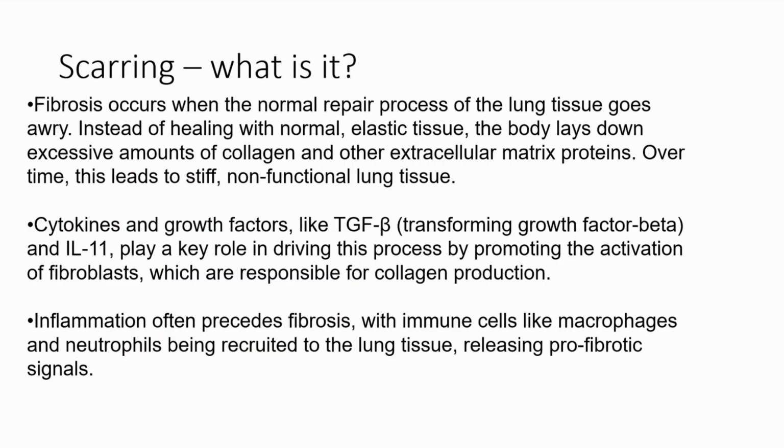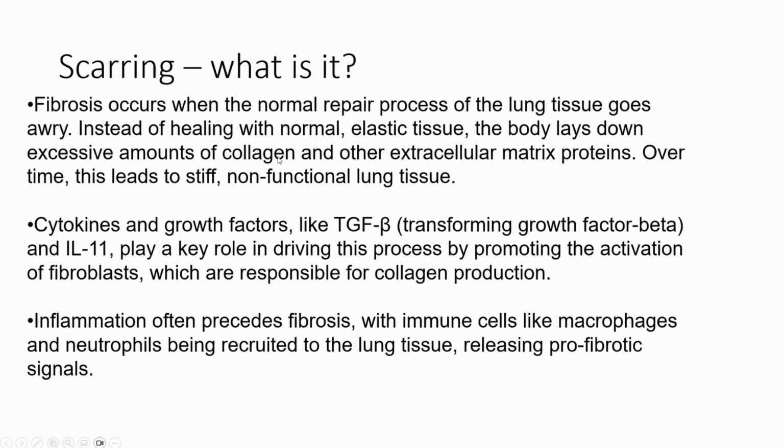The proper medical name for scarring is fibrosis. What is it? It occurs when the normal repair process of the lung tissue goes a little bit mad. Instead of healing with normal elastic tissue, the body lays down excessive amounts of collagen. If you've ever cooked a Christmas turkey and picked up one of the legs, those are the rubbery bits that attach the muscles to the bone.